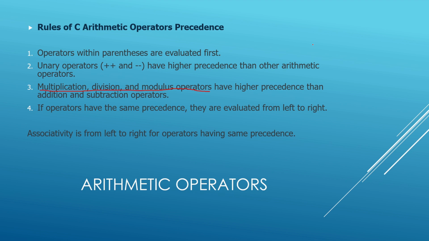Associativity and precedence, there are two things to remember. Precedence means priority, which operator is evaluated first, and associativity is when operators having the same precedence appear in an expression, they are evaluated in the order from left to right. Okay, that is our arithmetic operators.